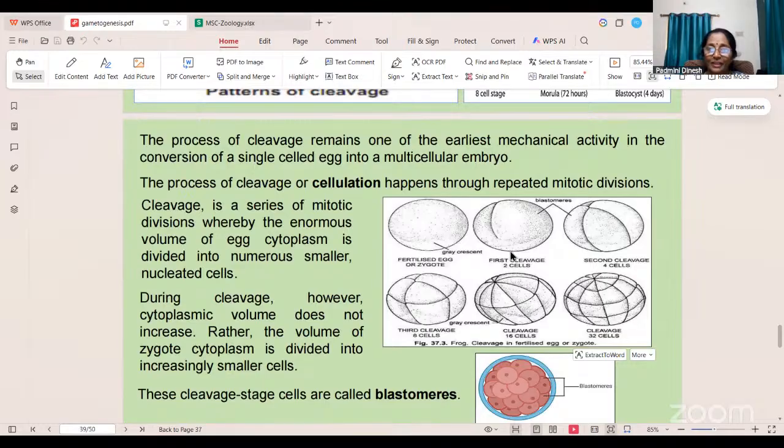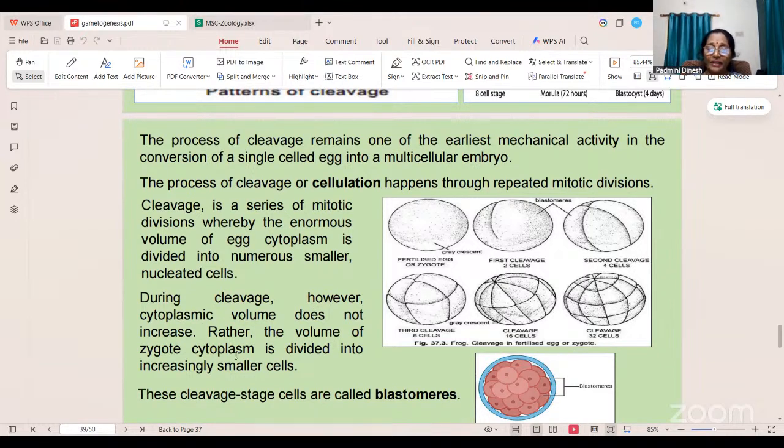And these cells produced by division are called blastomeres. Blastomere is the name given for the divided cells. And you have a small gray crescent over there. The gray crescent is where the sperm entry has occurred, and so the name gray crescent. During cleavage, however, the cytoplasmic volume does not increase.